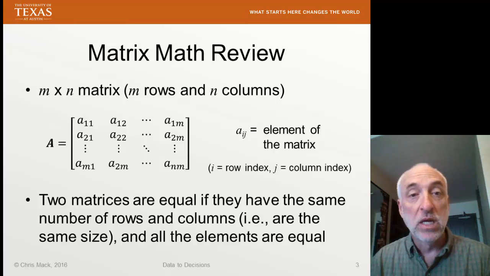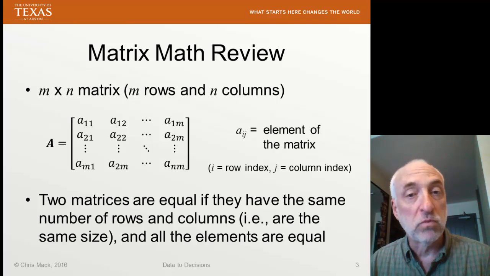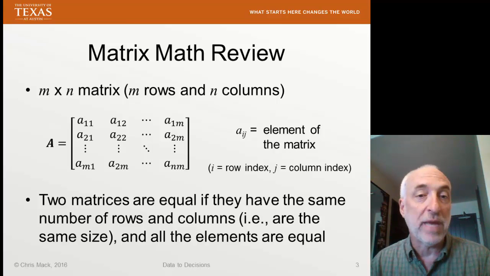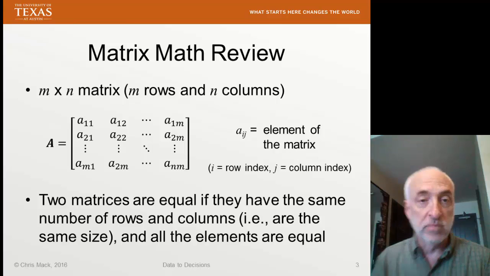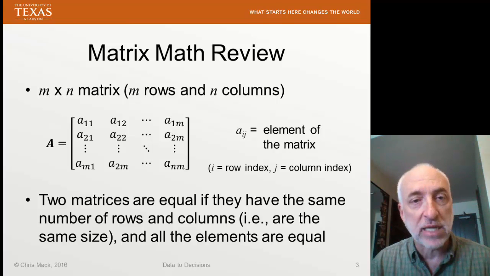and manipulated. First of all, matrices are rows and columns of numbers. They're generally formatted like this in square brackets, with elements of the matrix given by something like A_ij. i is the row index, j is the column index.